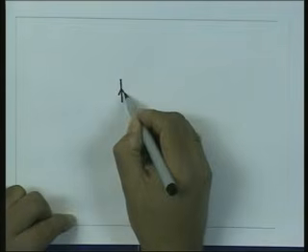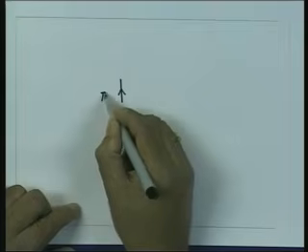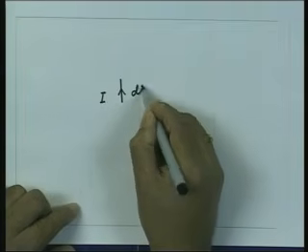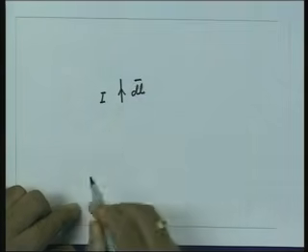So, if I have a current element, which is a small piece of, let us say, a wire carrying some current I, the length of this current element is given by dl.